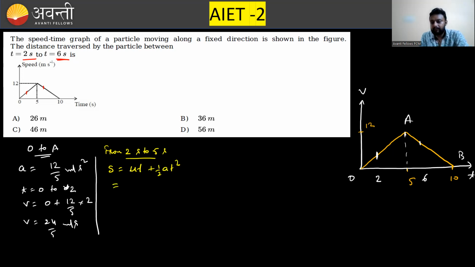U is 24 by 5. Time is t square, 2 second to 5 second, that is 3 second, that is 9, plus half, acceleration is 12 by 5 into t square is 9. So if you can simplify it, this becomes 6.